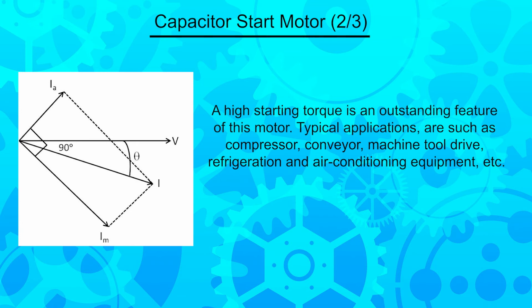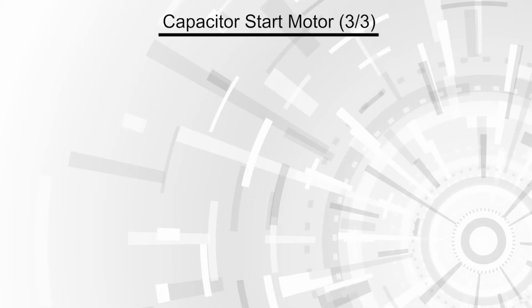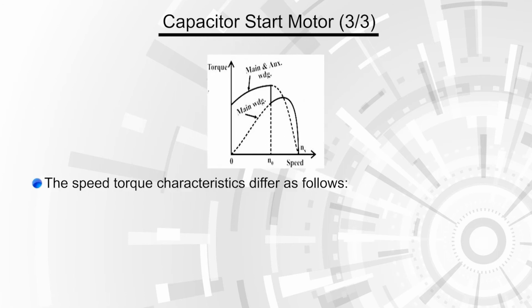So, this capacitor start motor has the outstanding feature of high starting torque. With high starting torque, we can use it in refrigeration, air conditioning equipment, conveyors, compressors, and machine tool drives. Now we are in a position to draw the speed torque characteristic.